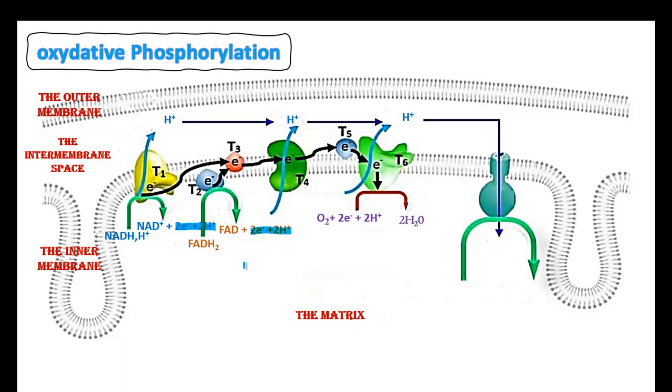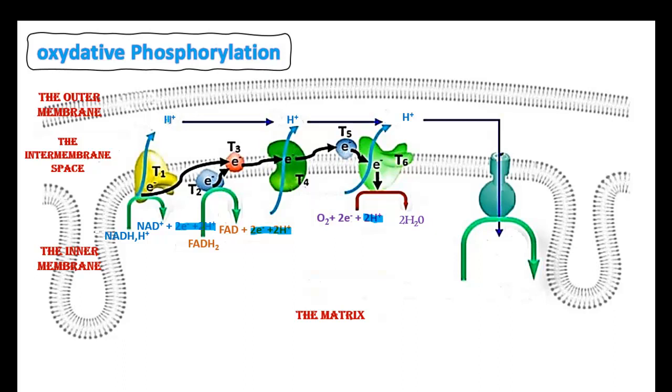First, because we have the pumping of protons using the energy coming from the flow of electrons, and second, because we have here the reduction of oxygen into water, and this reaction requires protons. So this is what we are calling the electrochemical gradient. It's only the difference of concentration between the intermembrane space and the matrix.